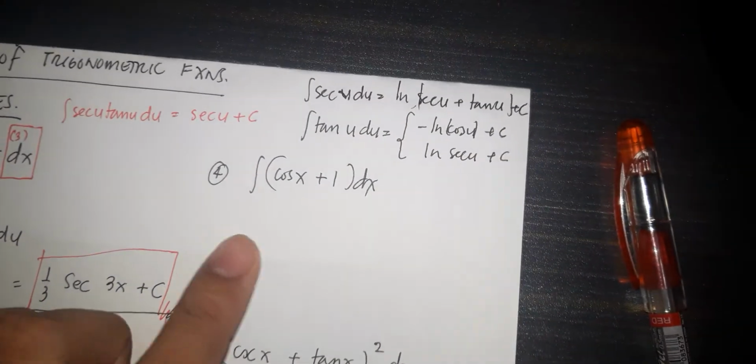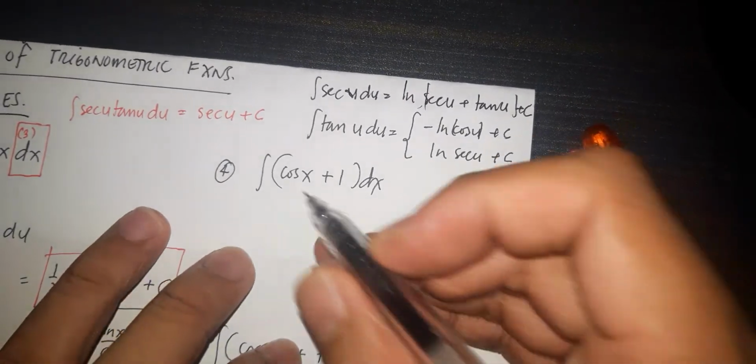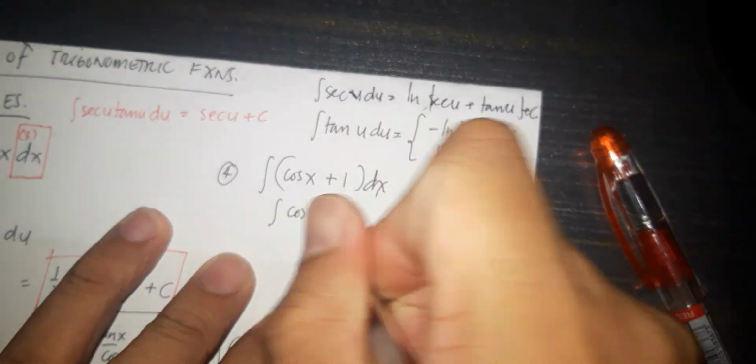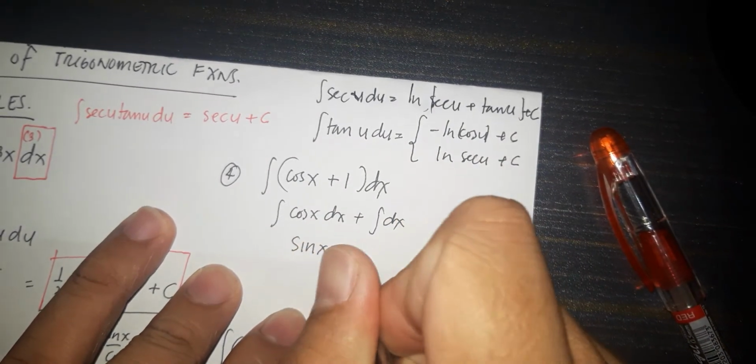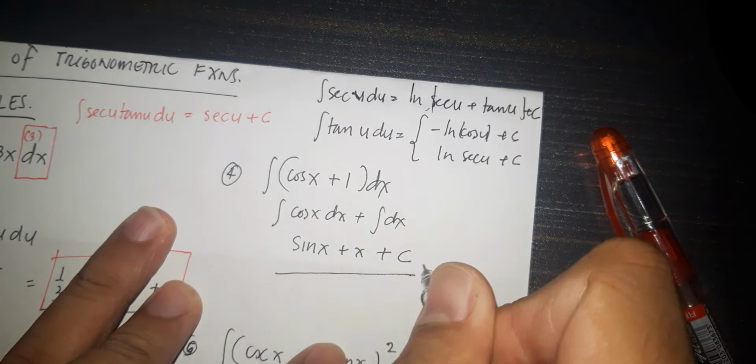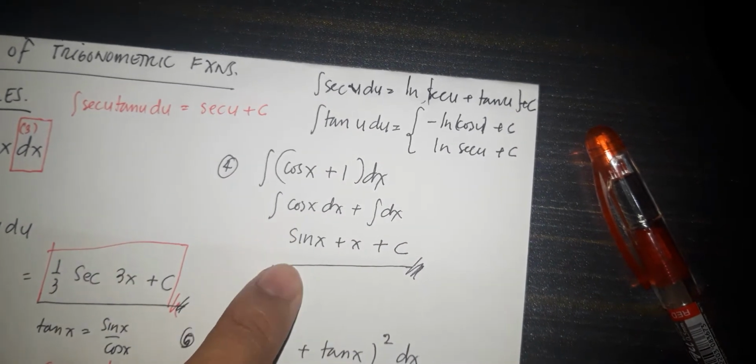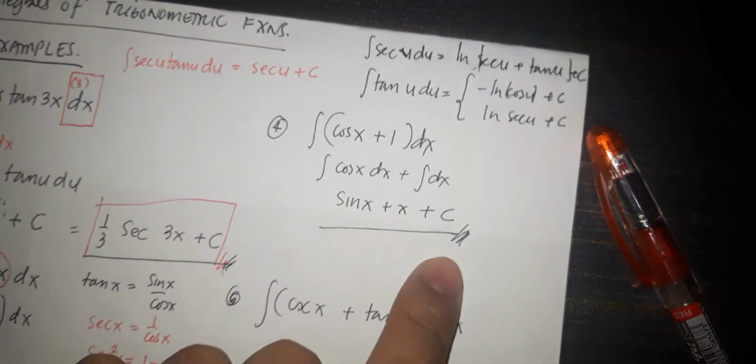So, for number 4, we have cosine x plus 1 lang. So, just distribute integral of cosine x dx plus integral of dx. So, that is simply sine x plus c. So, integral ng cosine is sine, integral ng dx is x plus c.